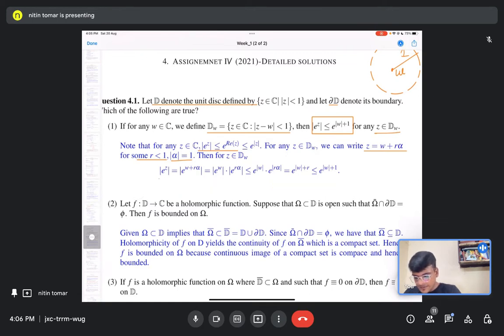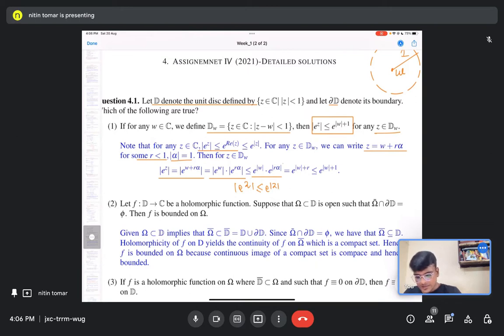So mod of e^z is equal to mod of e^(w plus r alpha). Now e^(w plus r alpha) can be written as the absolute value of e^w times the absolute value of e^(r alpha). And here we will use that the absolute value of e^z is less than or equal to e^(absolute value of z). So I have used that for e^w and e^(r alpha).